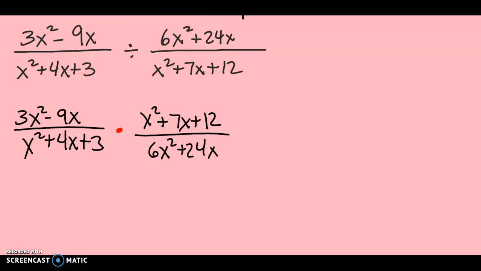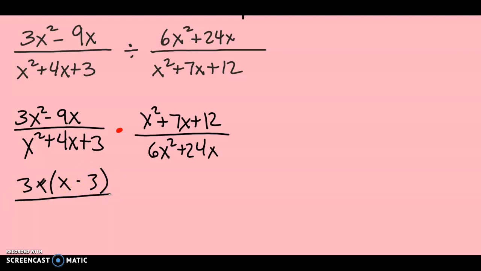I apologize for the sloppy writing. This is a little more difficult in this situation. I take out 3x, leaving x minus 3 on the top.